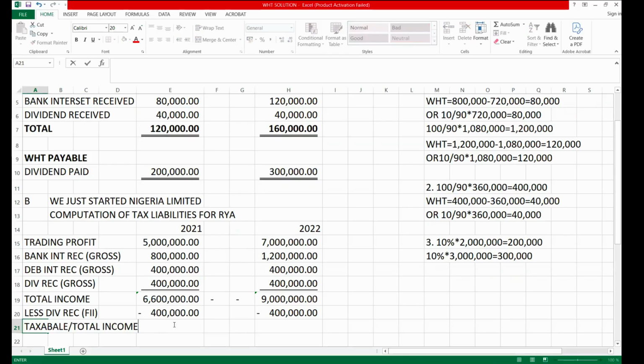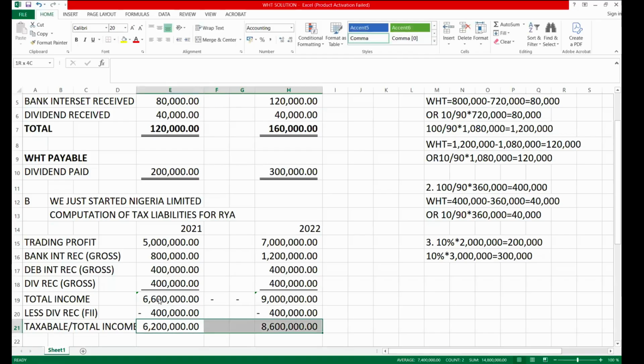This will give us 6.2, while this will give us 8.6. So this will give us the total taxable income subject to tax.